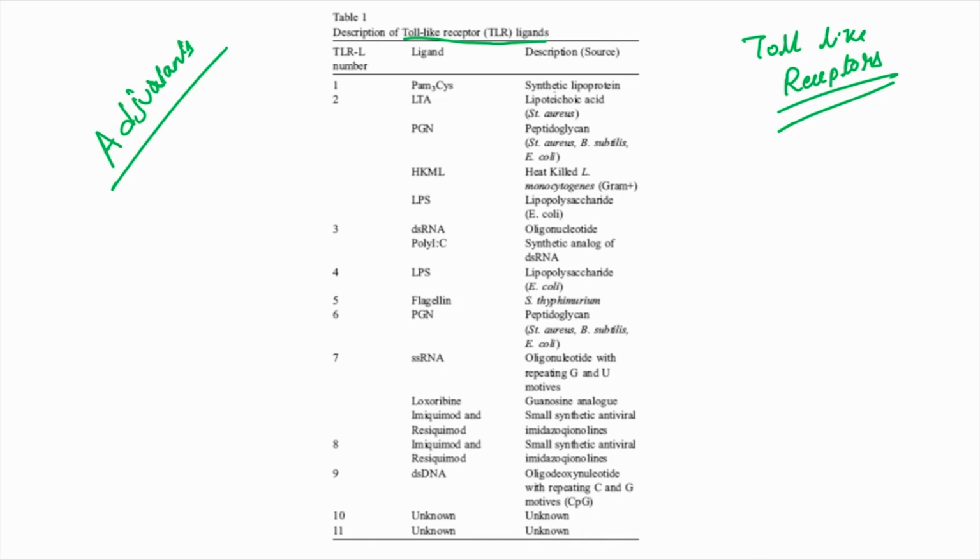If there is any synthetic lipoprotein that is being recognized by toll like receptor 1, then you have TLR2, that is going to recognize LPS, which I just mentioned is a lipopolysaccharide derived from bacteria. You can have other receptors for this.